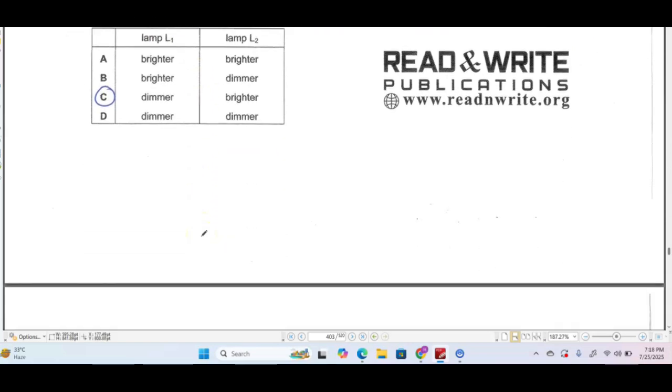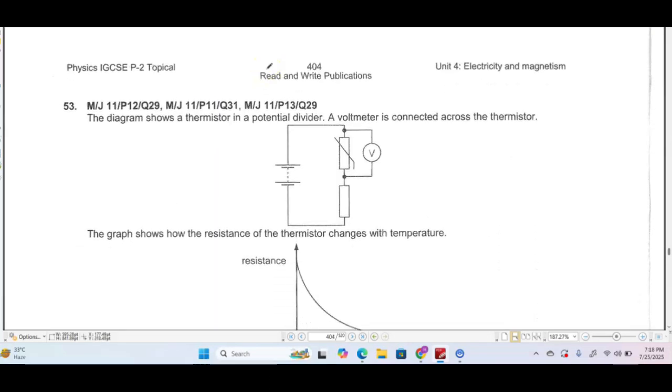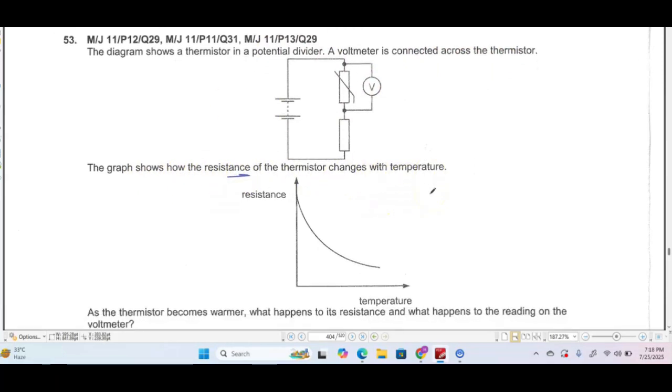Question number 53. The diagram shows a thermistor in a potential divider. A voltmeter is connected across the thermistor. The graph shows how the resistance of the thermistor changes with temperature. As the thermistor becomes warmer, what happens to its resistance? And what happens to the reading of the voltmeter? They've given us the graph where we can see the resistance drop as the temperature is rising.